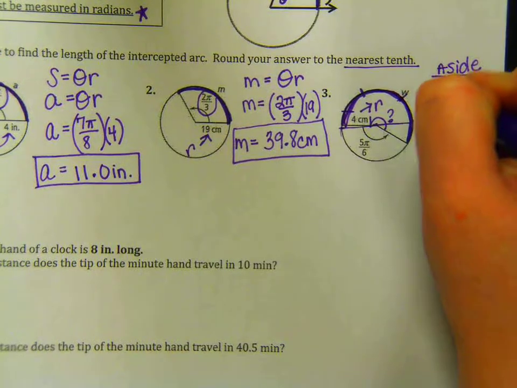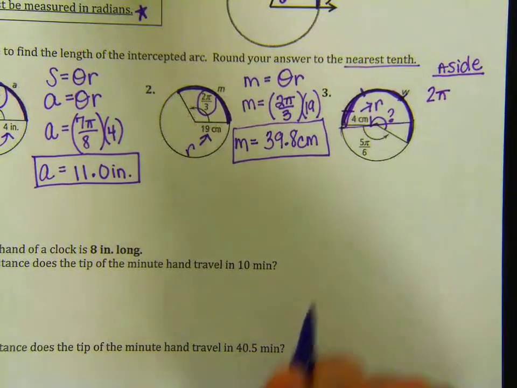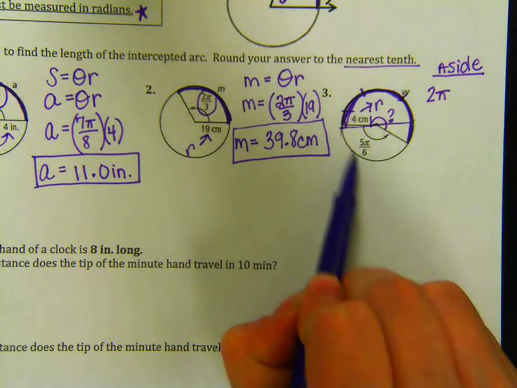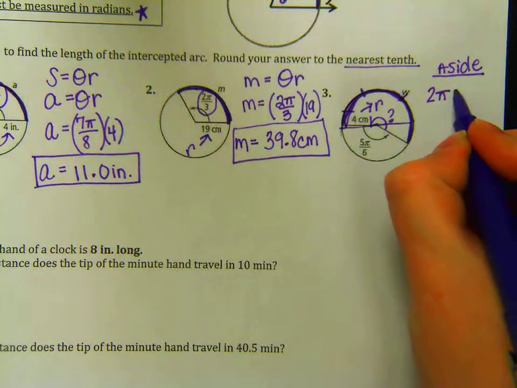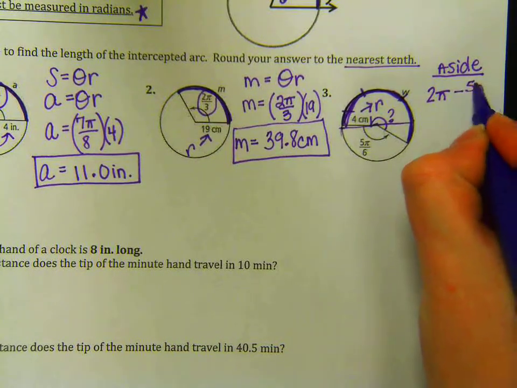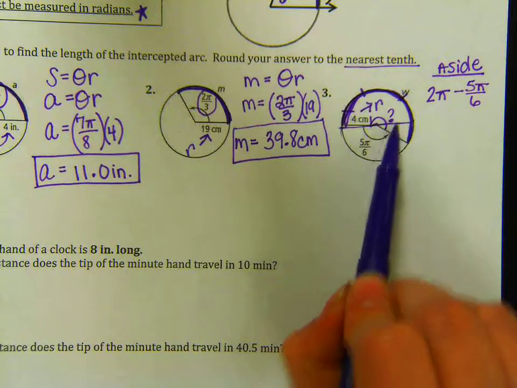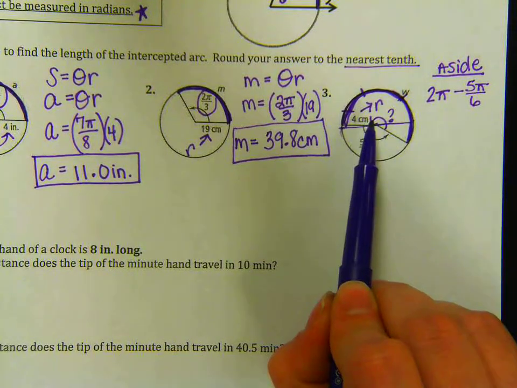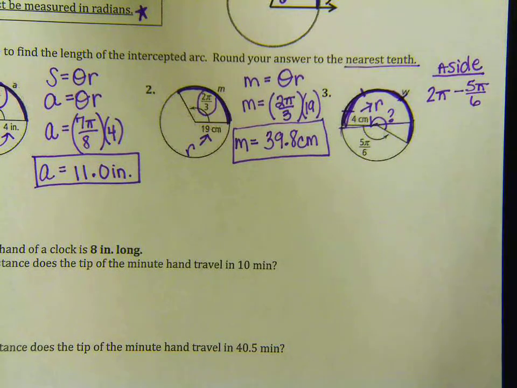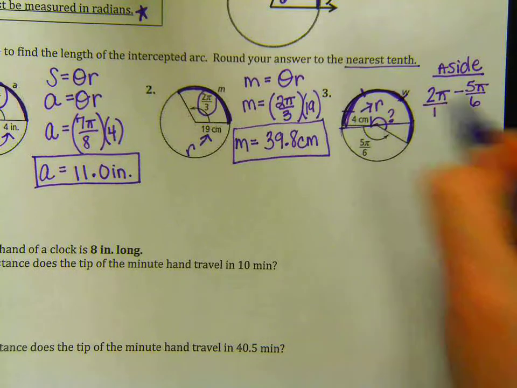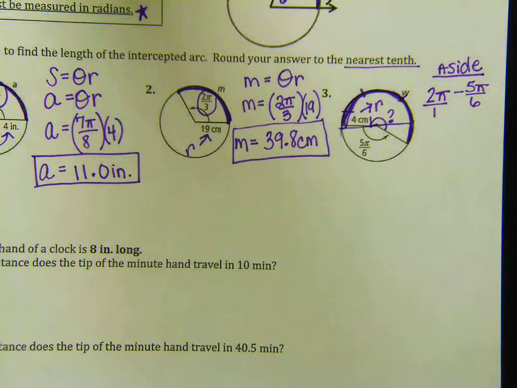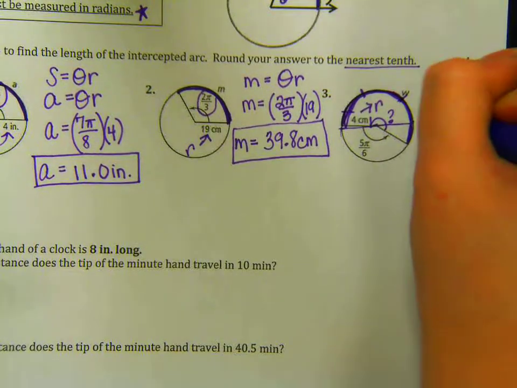So I'm going to take 2 pi, and I'm subtracting out the radian that they give us right here. So minus 5 pi over 6. If I subtract these two things, I'll be left with what's left, which is what we're actually looking for, what radian measure we need. So I'm going to put this over 1. We need to subtract fractions. It's been a while, right?